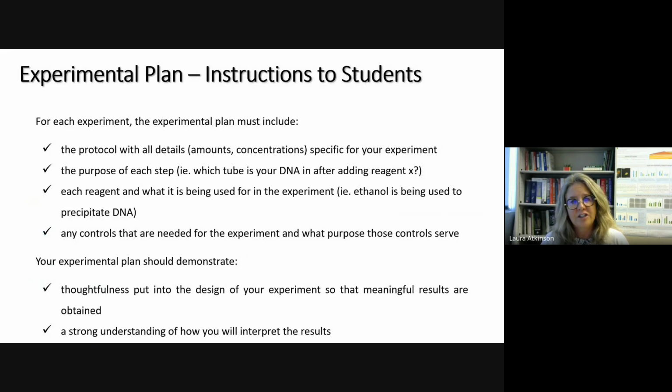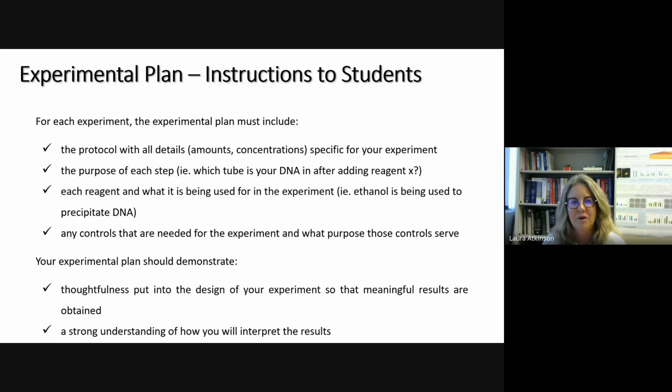So these are the instructions that are given to students. So obviously I will post the protocols that they need and any specific details that they wouldn't know. So for example, in this course, they're growing muscle cells. They don't know what dish we're growing in and things like that. So I do provide them with information that they couldn't know at that level.